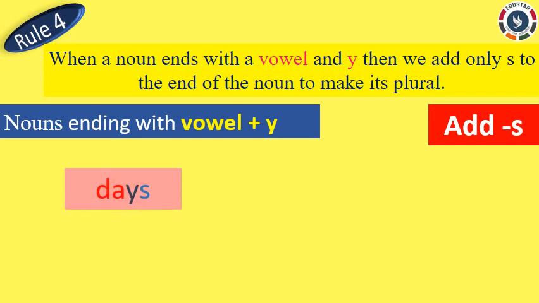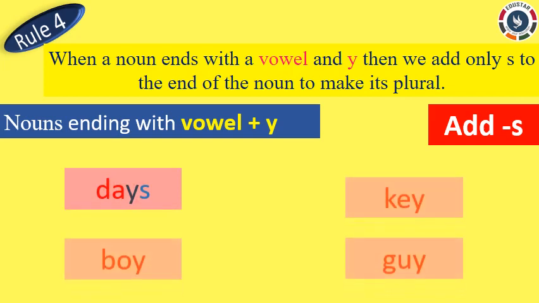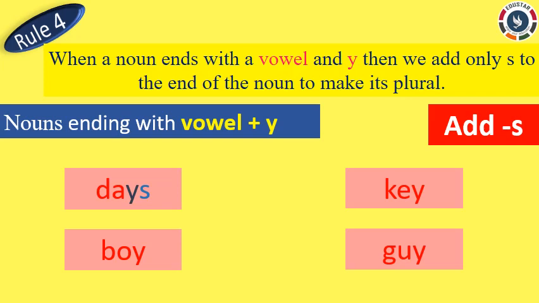Let us take some more words like key, boy, guy. Here, you can see that the words end with y, but before y, we have a vowel like e in key, o in boy, and u in guy.